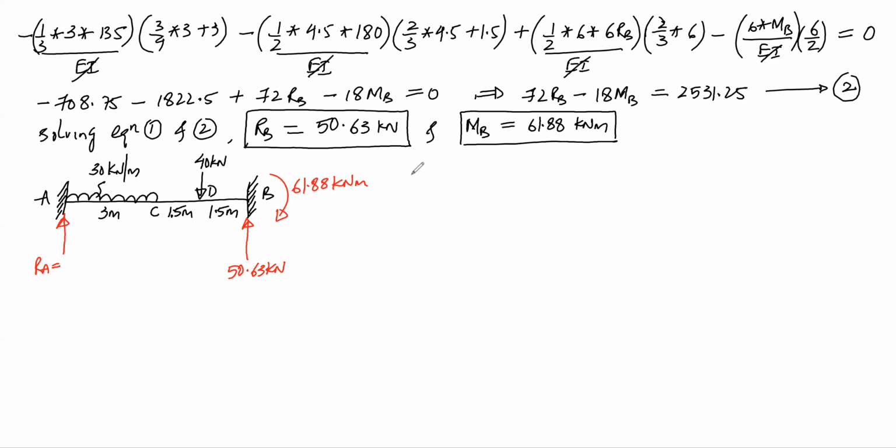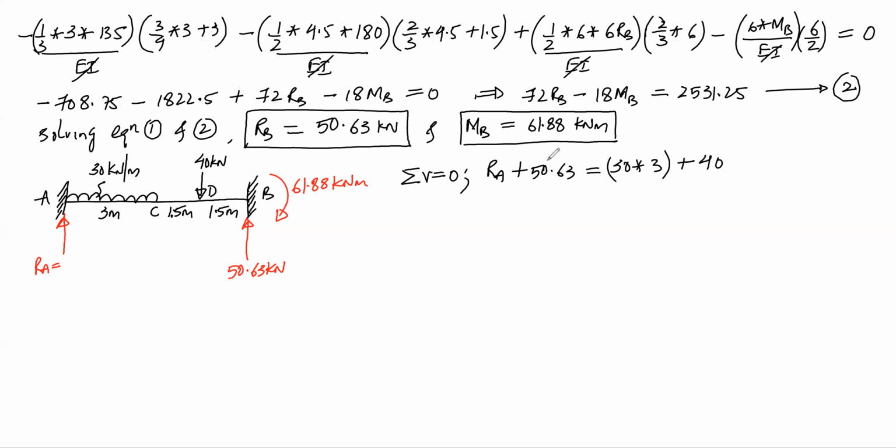Now we can apply the equilibrium equation. Sum of all vertical forces is equal to 0. So we get RA plus 50.63 is equal to 30 into 3 plus 40.